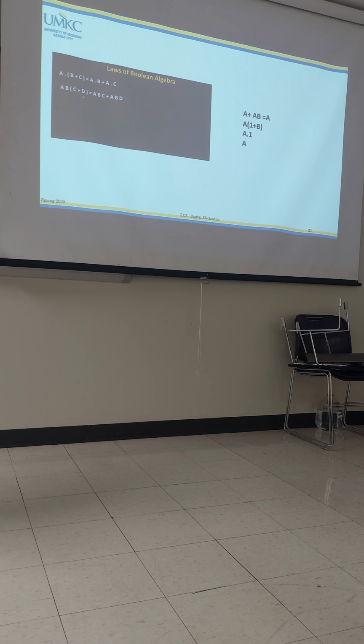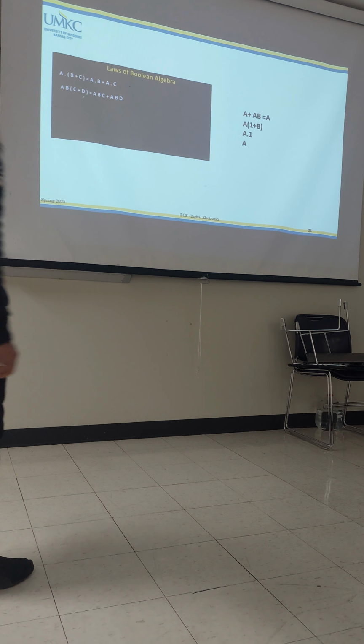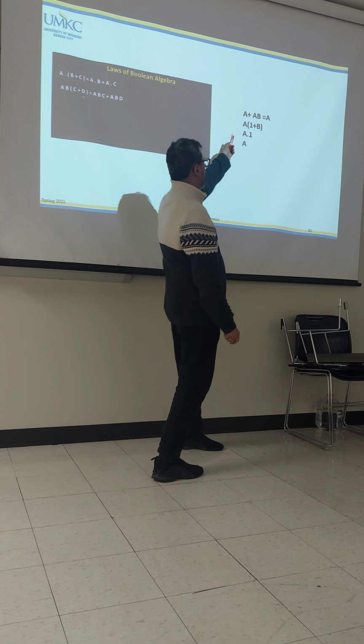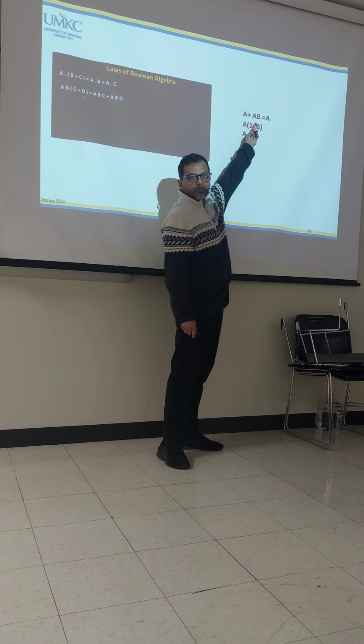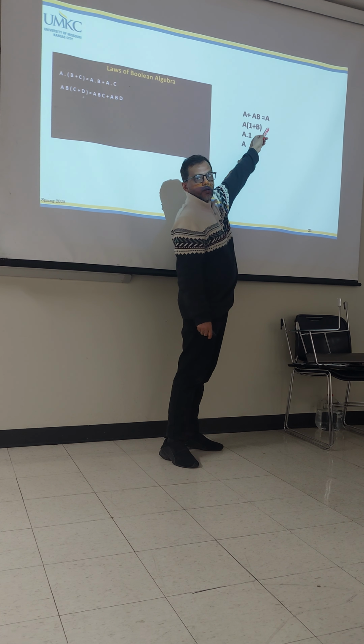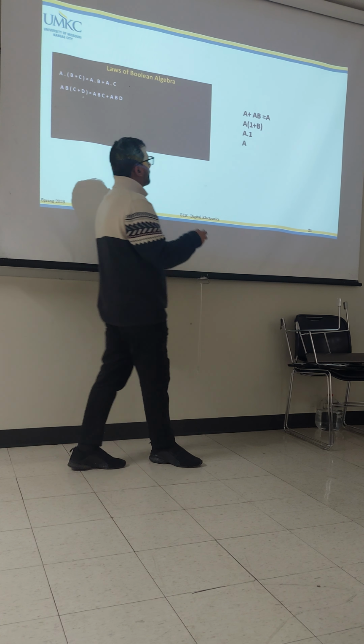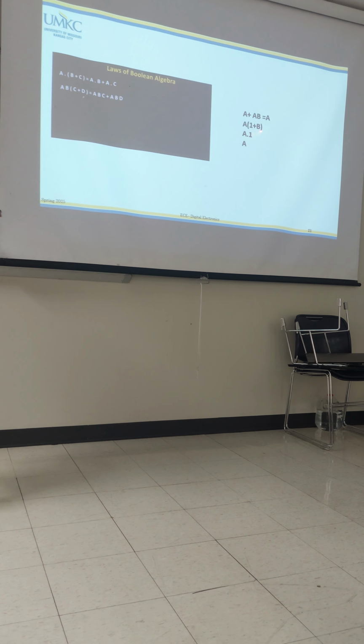So why do we need those rules and laws? For example, if you have a simple expression like A plus AB, it equals A. How are we getting that? Because if you take A common, it is A times (1 plus B). We already saw that 1 plus anything will give you 1, right? Anything connected to VCC will give you 1.